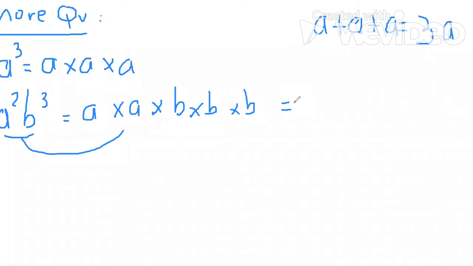The only way you can get 2A is if you're adding A plus A, but all these signs are multiplication, not true? So you can't say 2A plus 3B, because we're not adding. So you leave it as that.